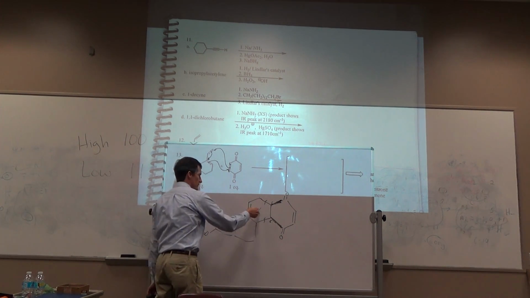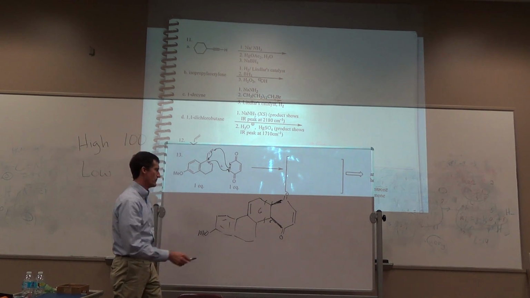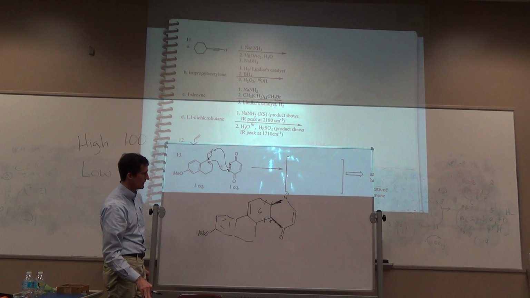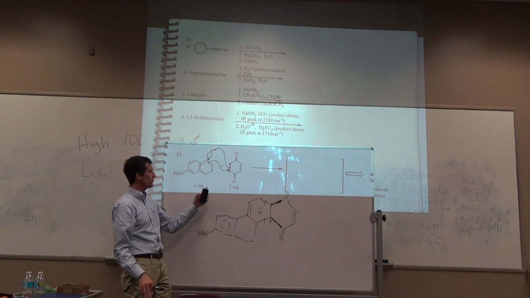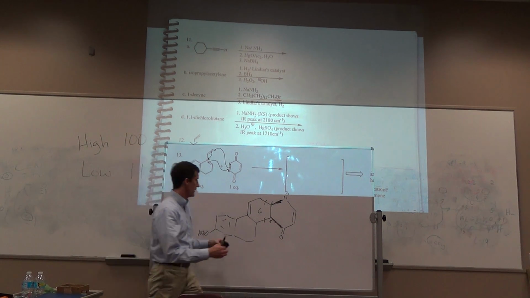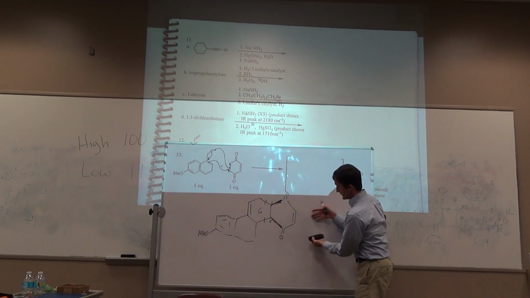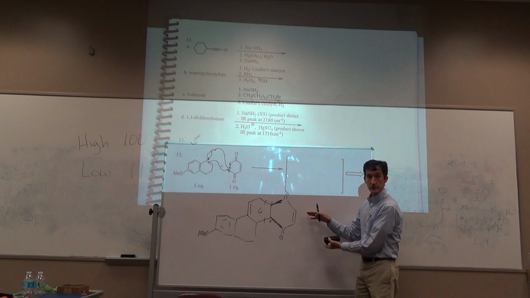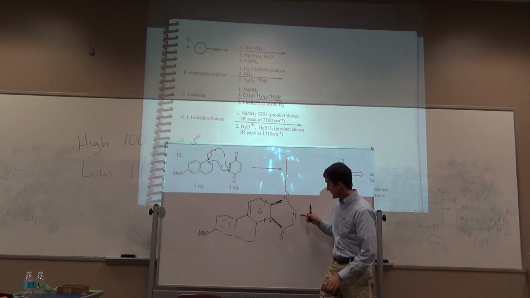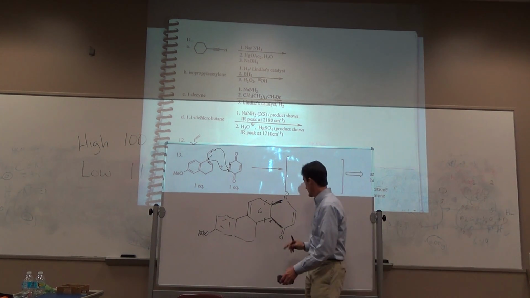We just made this 6-membered ring, making the bonds I highlighted. It's one equivalent of each. Now, if you had 2 equivalents of this, you would do it over here also with another equivalent, and you would build a molecule where you had one of these and two of those, because that could react again in Diels-Alder.